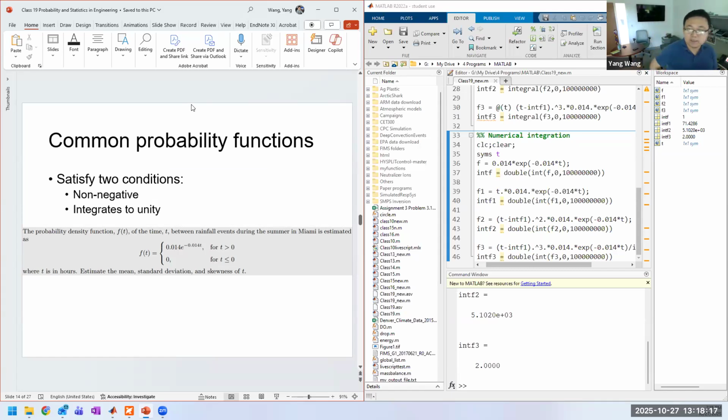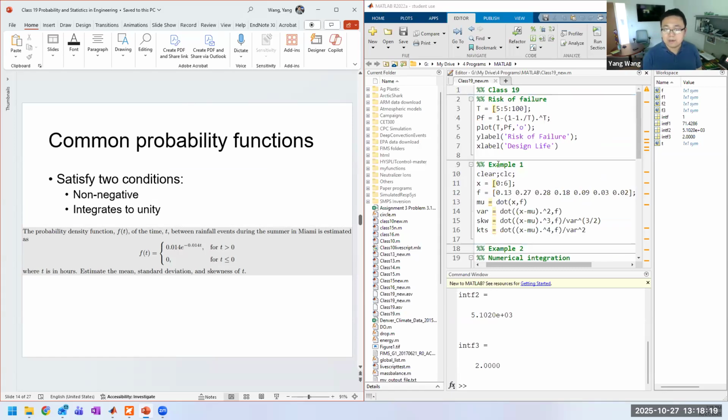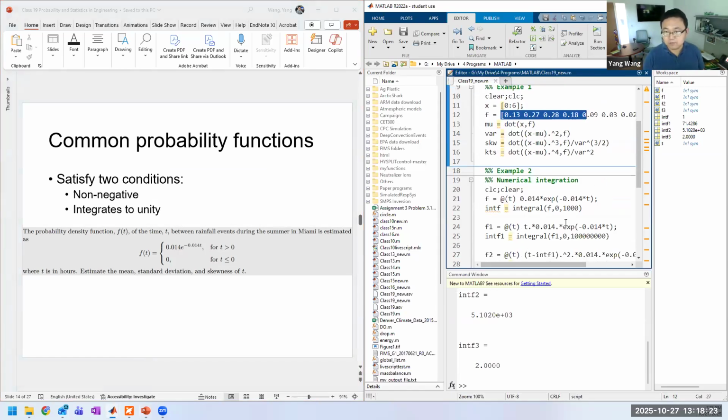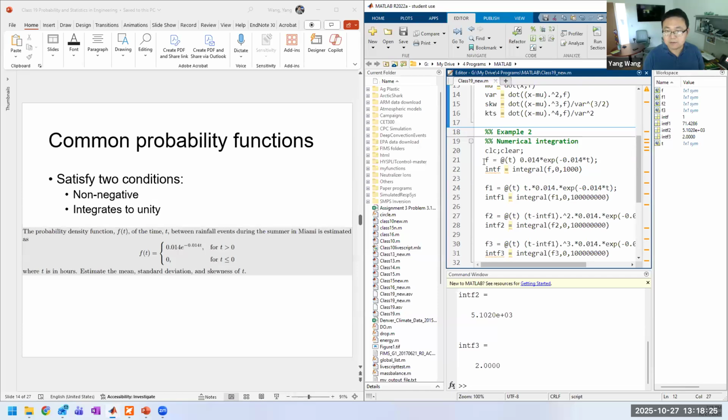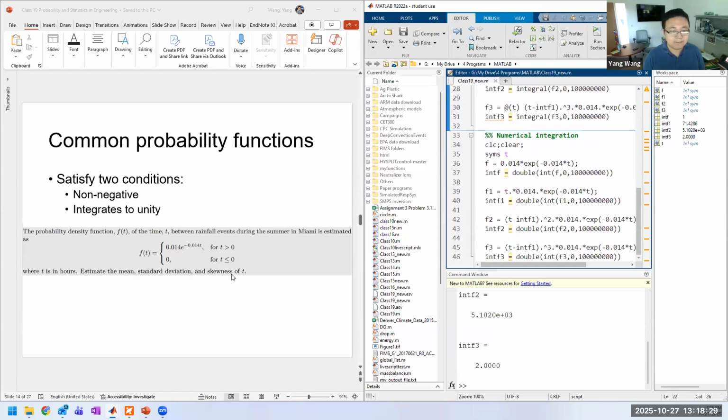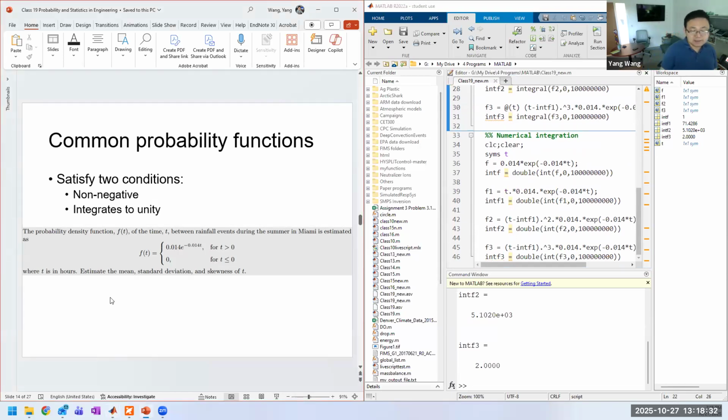We showed that in our first example problem. We did a summation of all of the values and it's 1. And the second one, we did the same thing, because if you integrate f directly, you get 1. So these are the two conditions. You could even define your own probability function as long as it fits this definition.